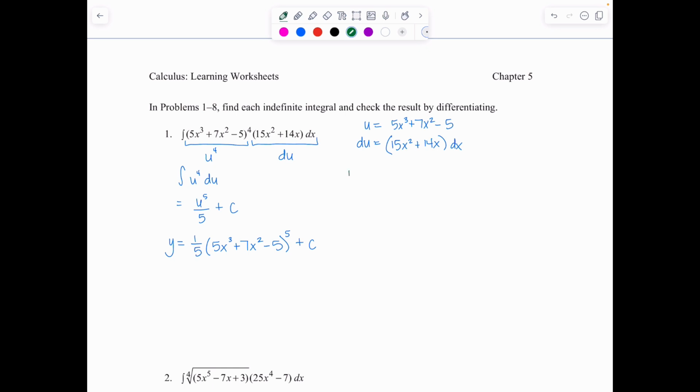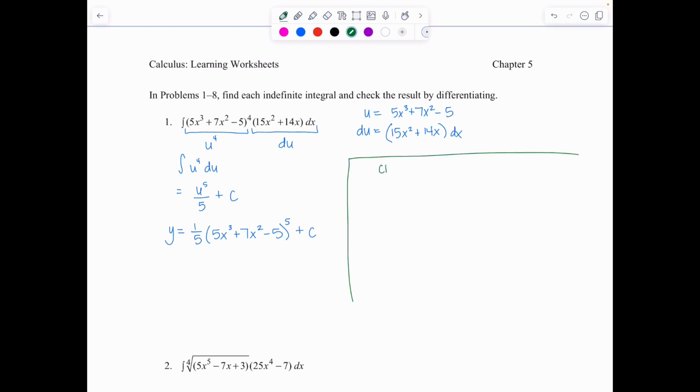So if y equals 1/5 times 5x cubed plus 7x squared minus 5 to the 5th power plus c, if we take the derivative, dy dx, then we'll have 1/5 times, we do the power rule, 5 times 5x cubed plus 7x squared minus 5 to the 4th.